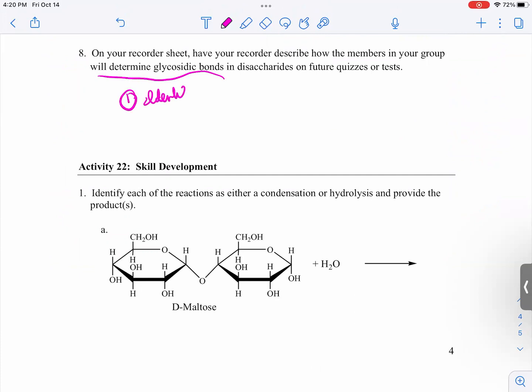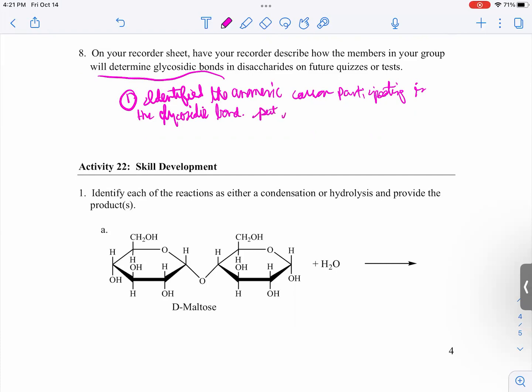We identified the anomeric carbon participating in the glycosidic bond. Okay. Then you put in parentheses, with an arrow between the numbers.